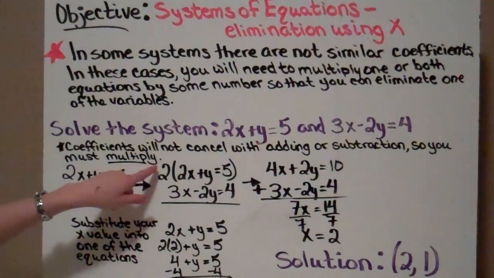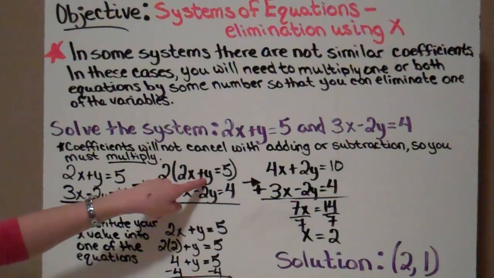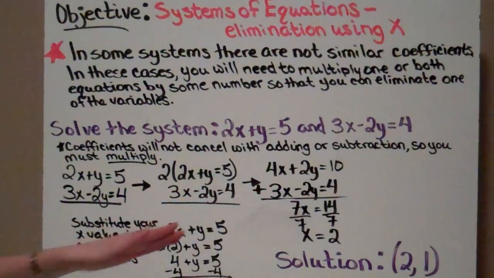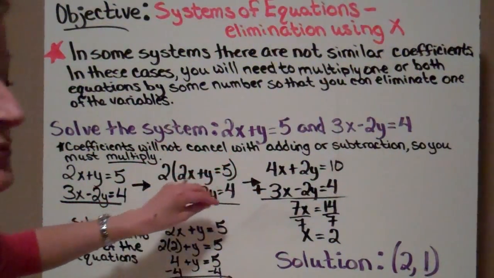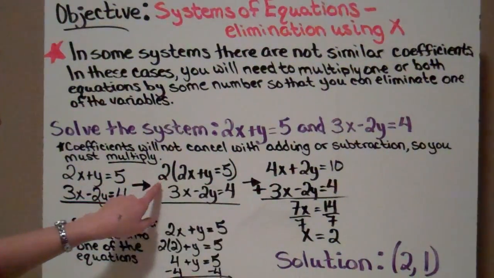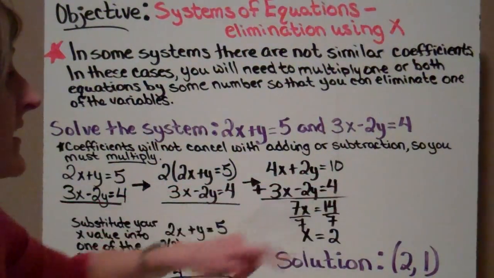Well, I know that if I multiply this top one by 2, then I would have 2y here, and I can have negative 2y here, and this will cancel. So what I'm going to do is multiply this whole top equation by 2. I distribute: 2 times 2x is 4x, 2 times y is 2y, and 2 times 5 is 10.